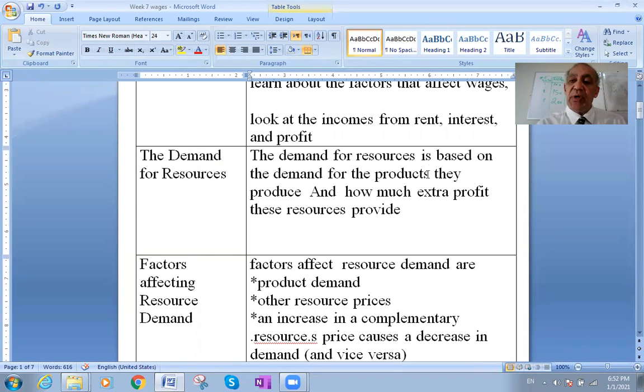Because when you have a factory, for example, and you are producing furniture, you need wood. So this depends on the products. As long as you produce furniture, you will need the resource of wood. And how much extra profit these resources provide.